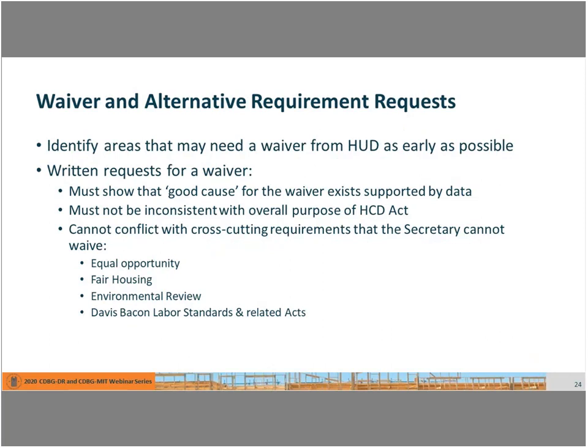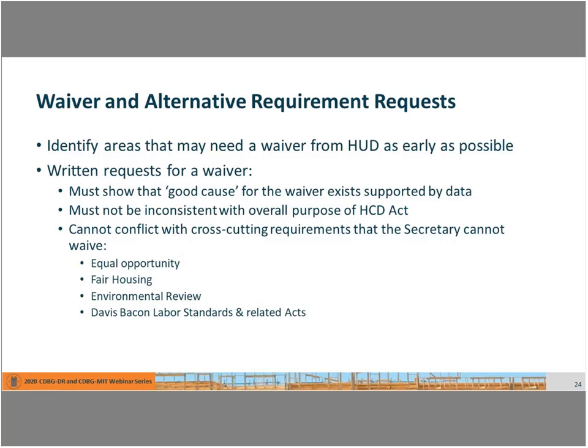But notice at the bottom, there are 4 areas that are pretty much set in stone. And HUD cannot waive requirements related to equal opportunity, fair housing, environmental review, or Davis-Bacon labor standards and related acts. That ability has not been provided to HUD, so those are in place.